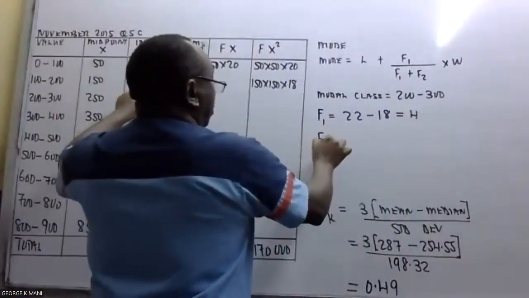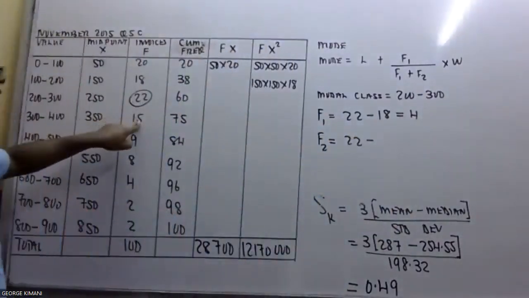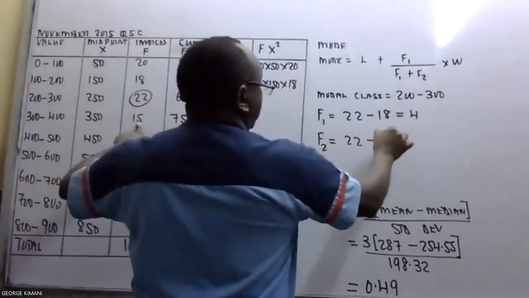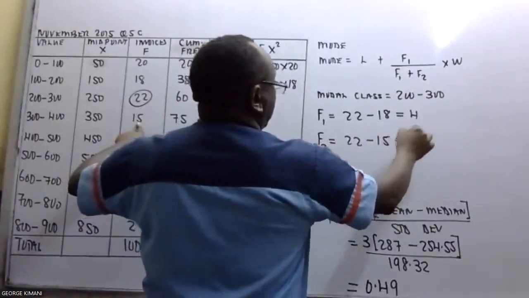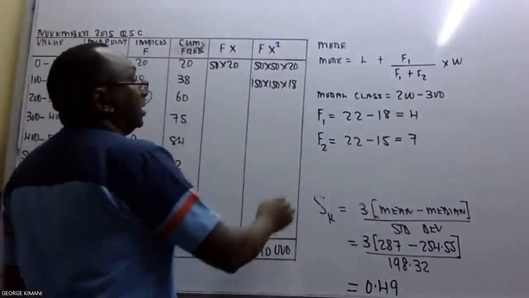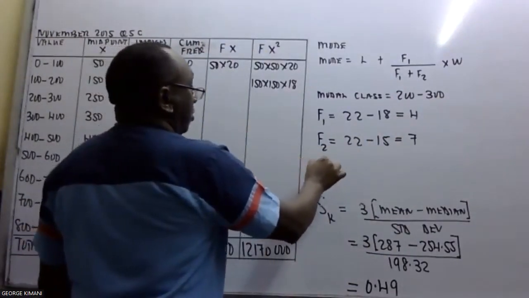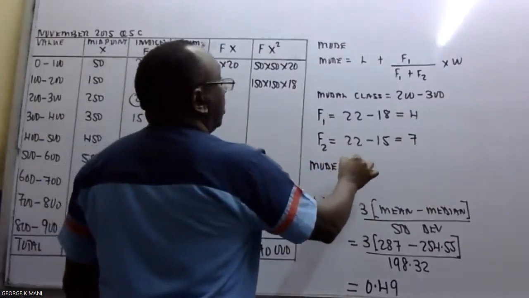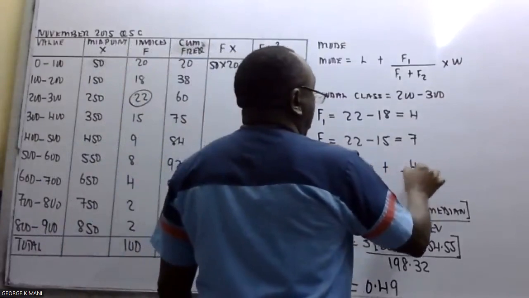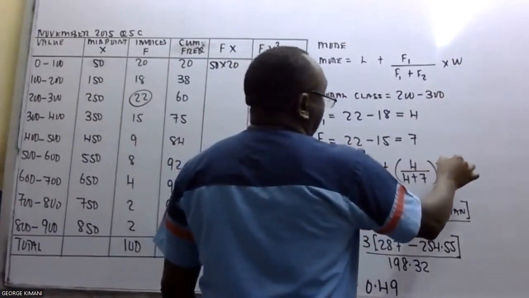Then F2, it is the frequency, you minus the one that is below. F2 is 22 minus the one that is below, 15. So that gives us 7. So if that is 7, then that tells you that our mode will be 200 plus 4 out of 4 plus 7, you multiply by 100.